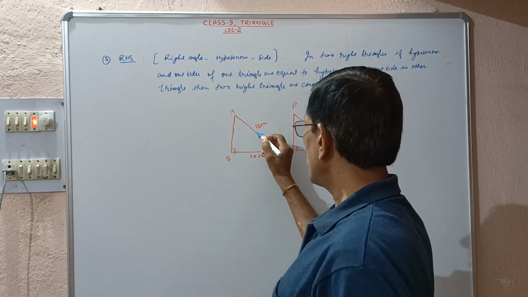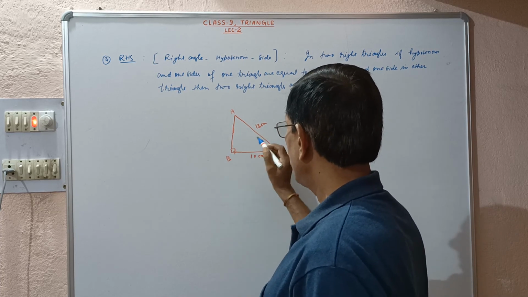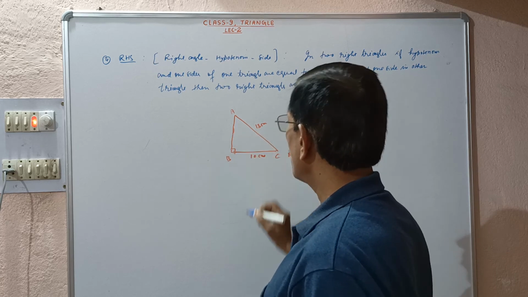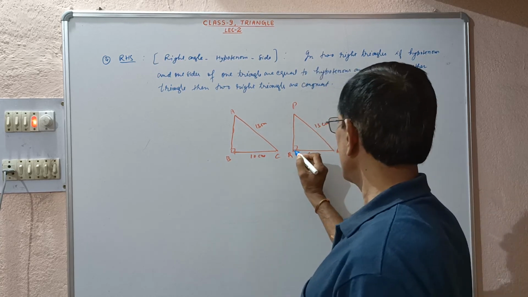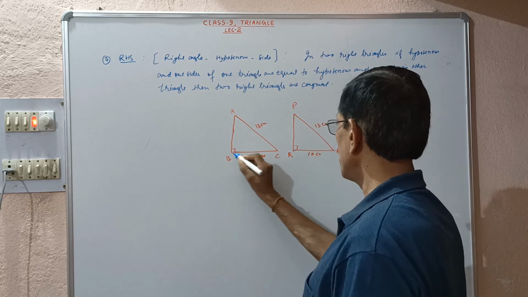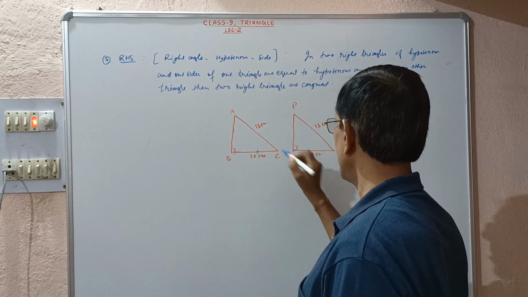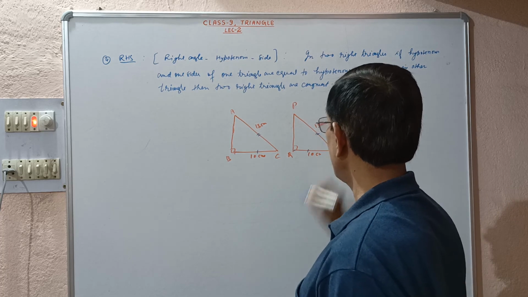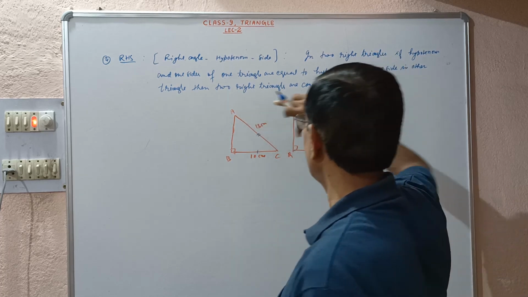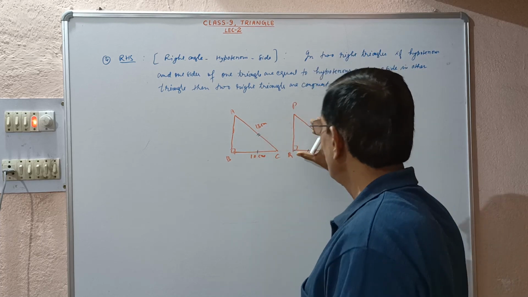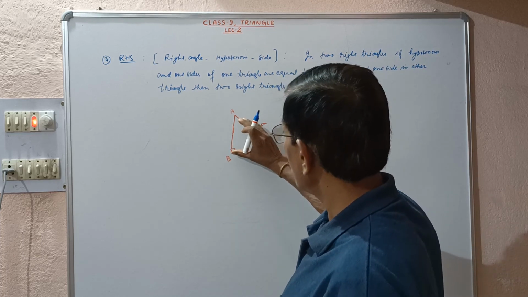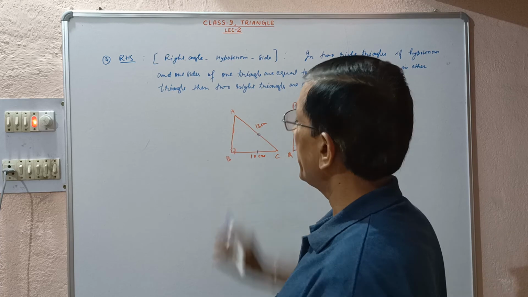So out of this hypotenuse, these other two are sides, and out of these two sides, if one side is given, and this side is 10 centimeter, and this is also 10 centimeter. This side is equal to this side, and this hypotenuse is equal to this hypotenuse. In two right triangles, the hypotenuses are equal and one side is equal. Then if we place this triangle over this, these two will cover exactly.